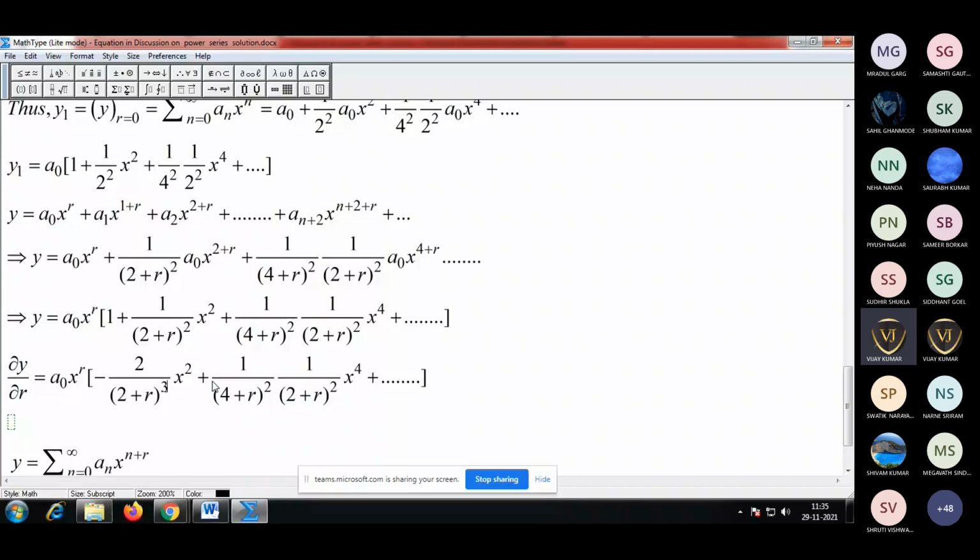Then minus here again r plus, so here we may differentiate this one by parts.